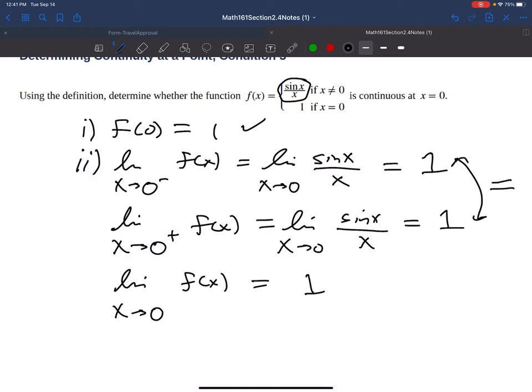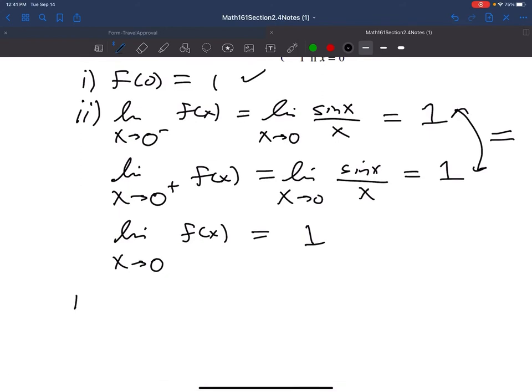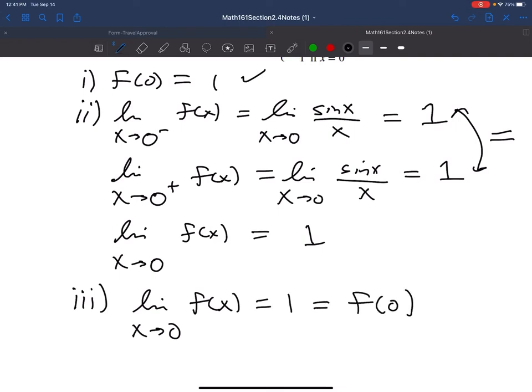All right, so now, checking criteria 3, it appears that the limit as x goes to 0 of f of x is equal to 1, but it also appears that that's the same as the value of the function. That was criteria 3. If the value of the limit as I approach 0 is the same as the value of the function at 0, then this is a continuous function.